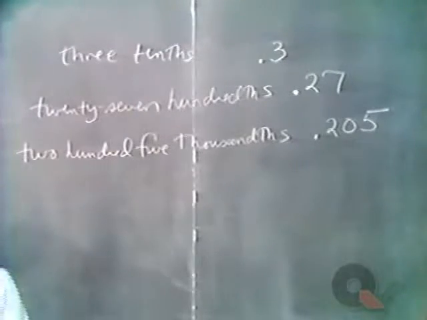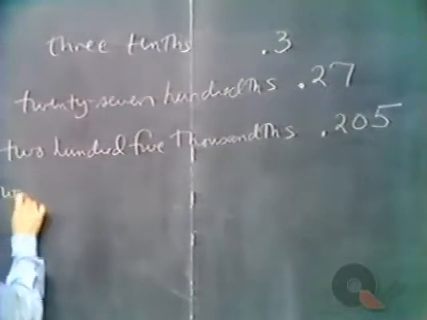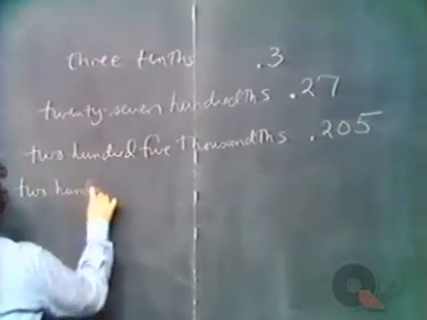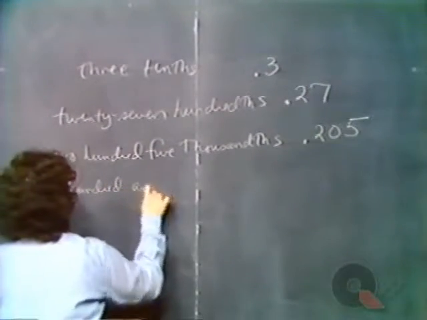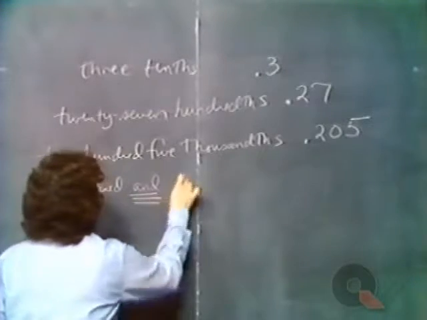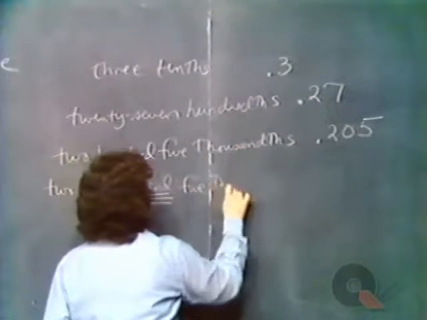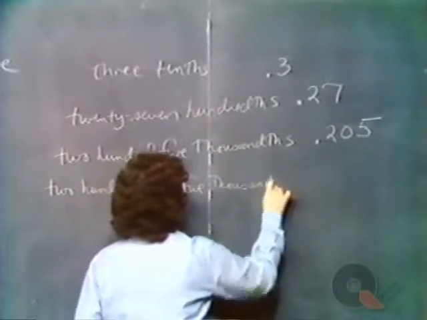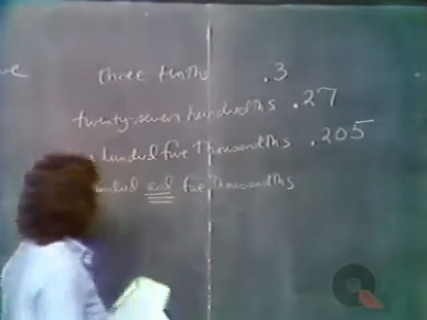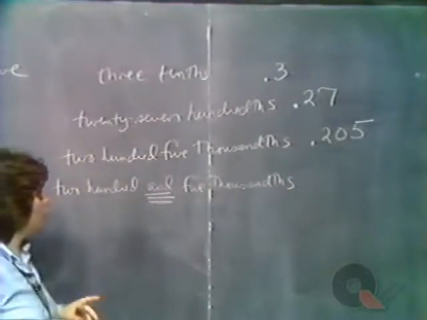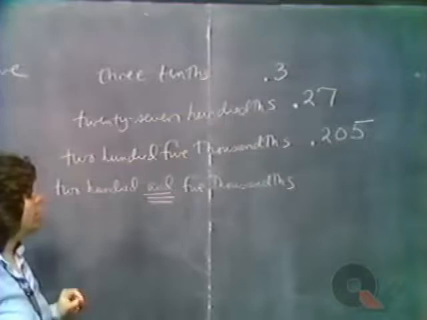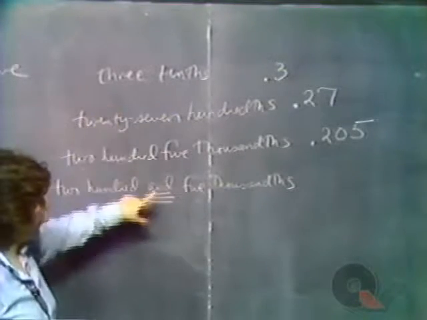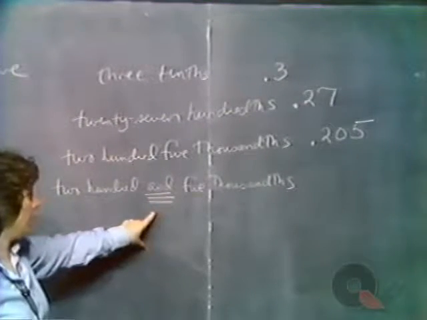Now, suppose I wrote 205 thousandths. Okay, now in every example so far, I have omitted the word and. This is the first time and is appearing on the blackboard.